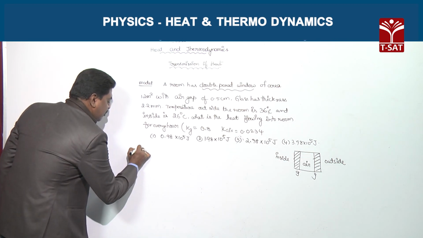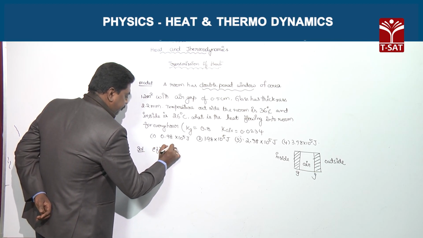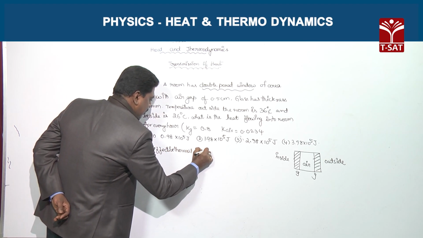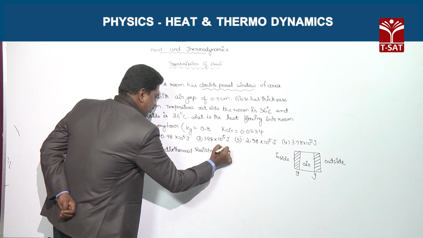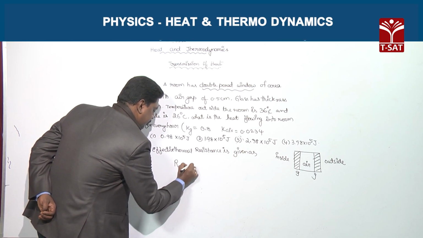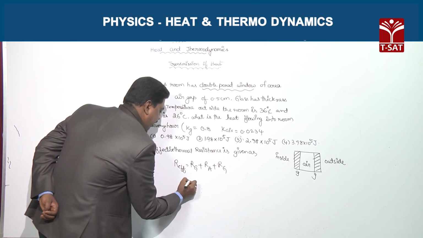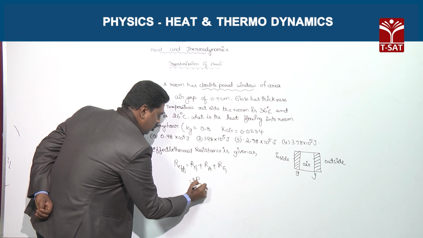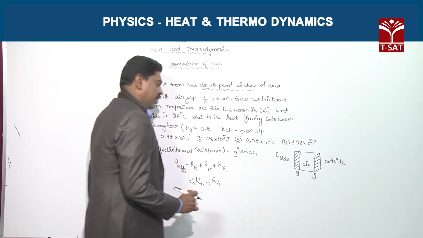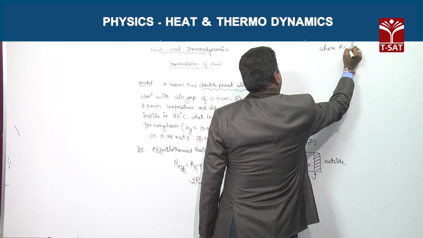So the effective thermal resistance is given as R effective equals Rg plus R air plus Rg. This I can write as 2Rg plus Ra, where R is given as L by KA.